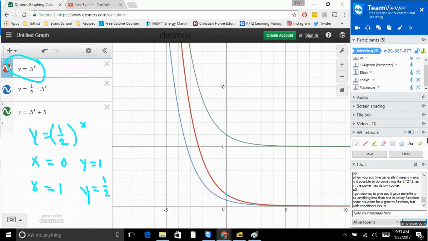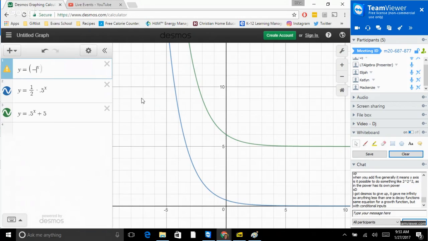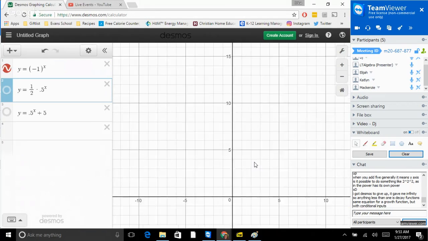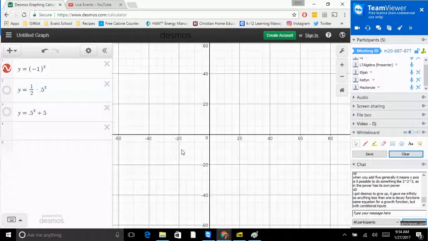All right, so Elijah, you said anything less than 1 is decay, except what happens if you try to put in -1? What does Desmos do? Let's hide these two. I don't even see it.